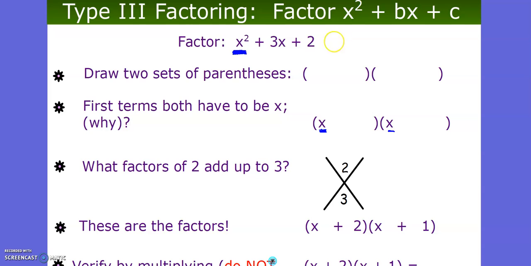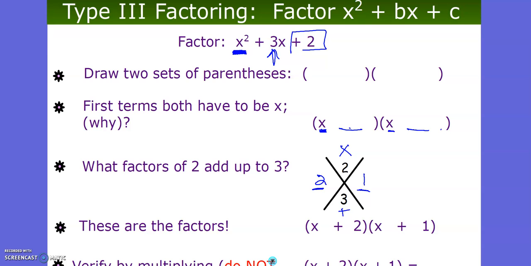Next, I want to think of what numbers multiply to get the last term, but add to get the middle term. The answer would be 2 and 1. 2 times 1 is 2. When I add 2 to 1, I get 3. So those numbers go into the second part of our parentheses.